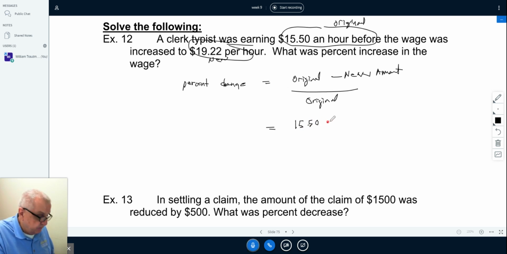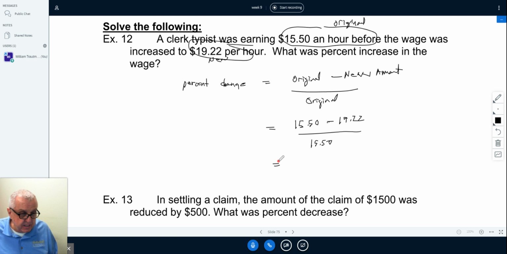The new is 19.22. Sorry, subtract 19.22. And then divided by the original, which was 15.50. So I'm going to put that in my calculator.